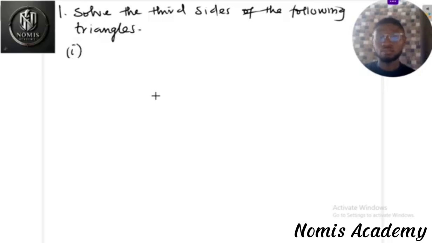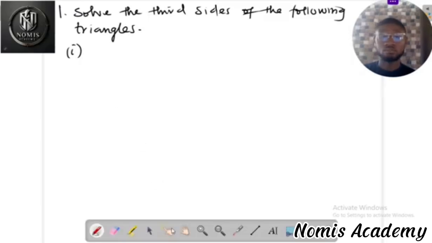So let's see the triangle. We have this to be 6 centimeters, here to be 4 centimeters. Roman figure 2.